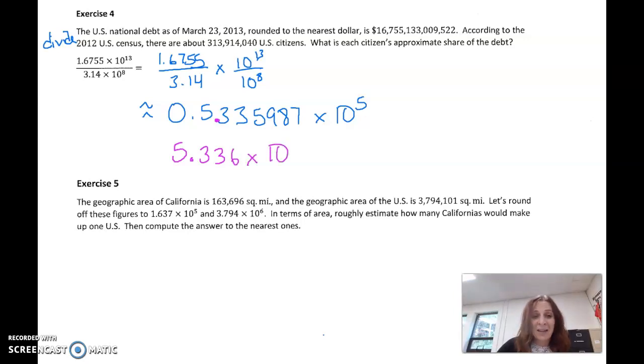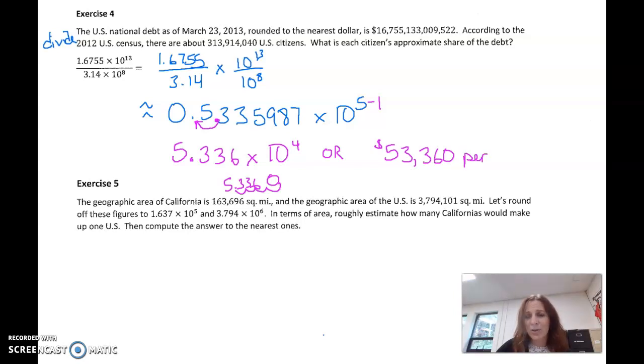times 10. And if I go from where I want it to where it is, I'm moving 1 to the left. That's a negative direction, so I'm going to subtract 1. Bigger by a power of 10, smaller by a power of 10. So we could say it is 5.336 times 10 to the 4th, or if we make this in standard form, I have to add a 0 in there, it would be $53,360 of debt per citizen.